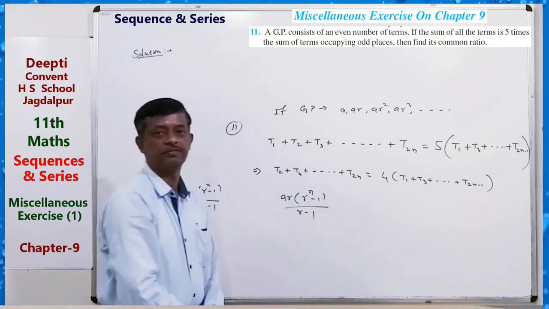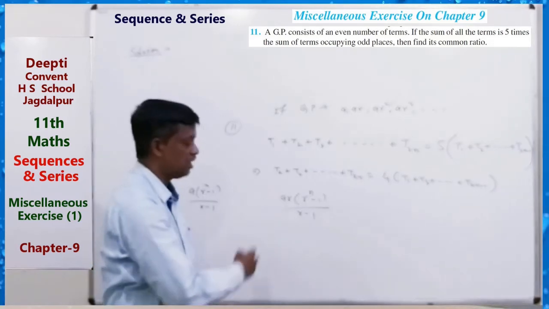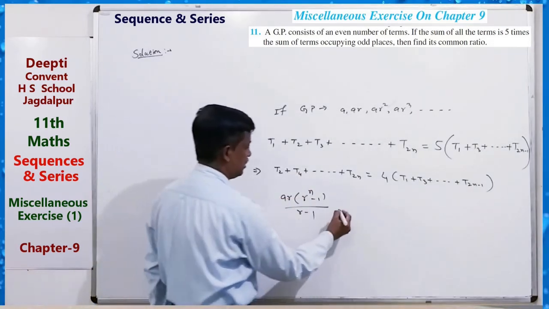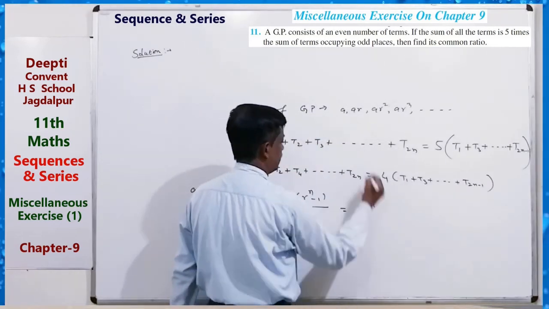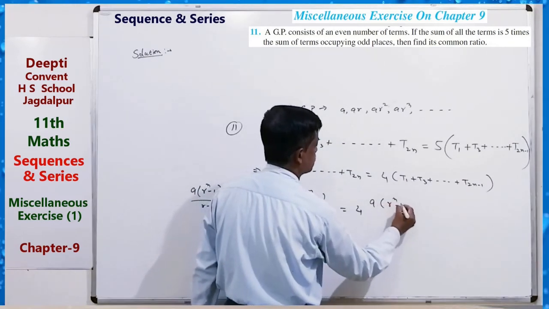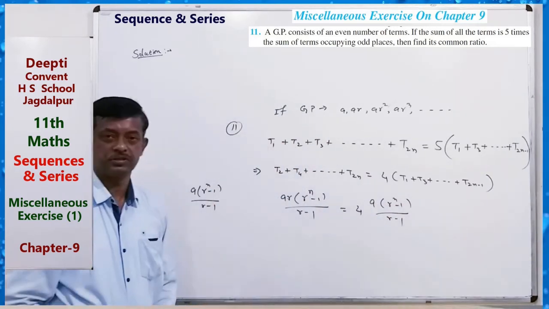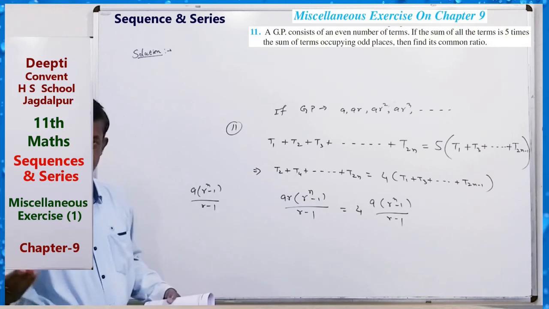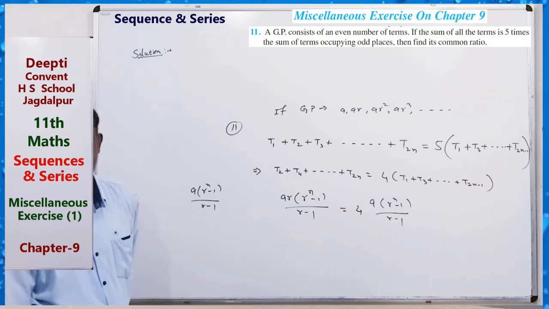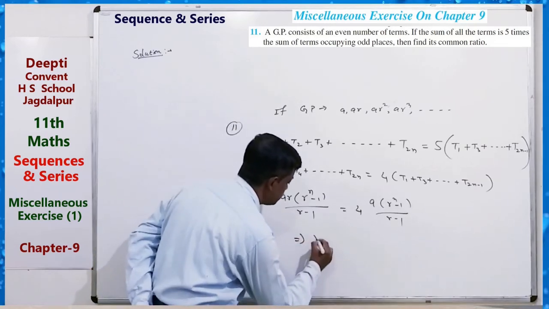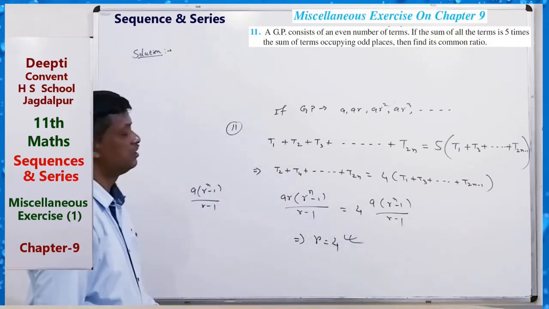Similarly, on the right hand side, 4 times first term a, r power n minus 1 upon r minus 1, because there are also n terms. So r equals 4. This is the answer, the common ratio for question 11.